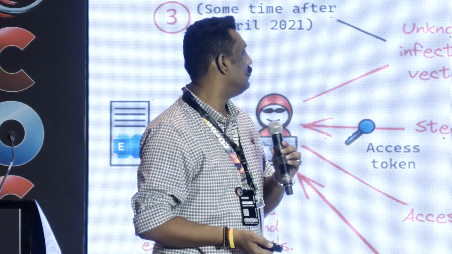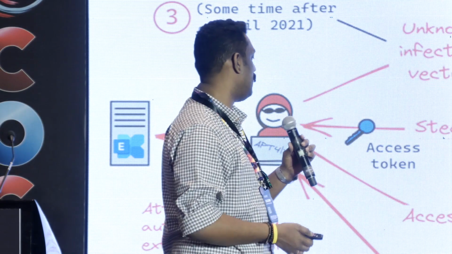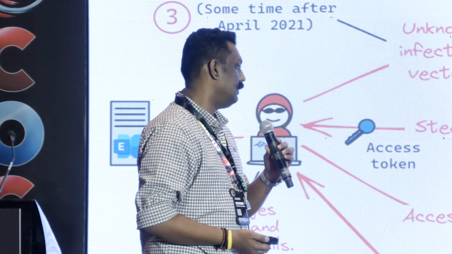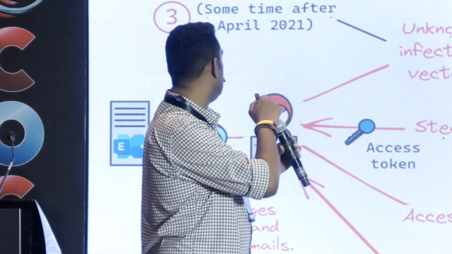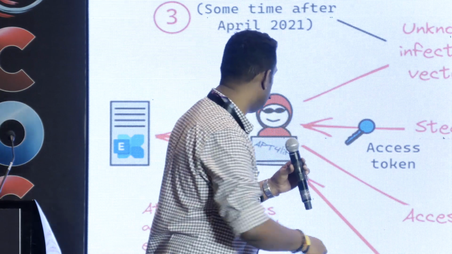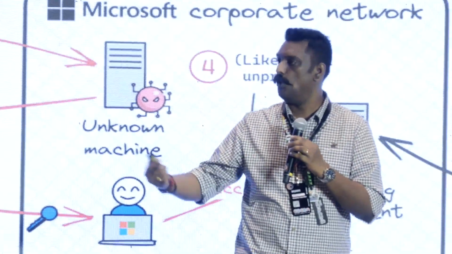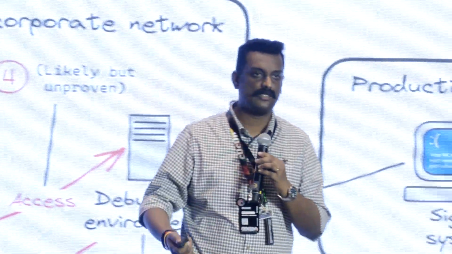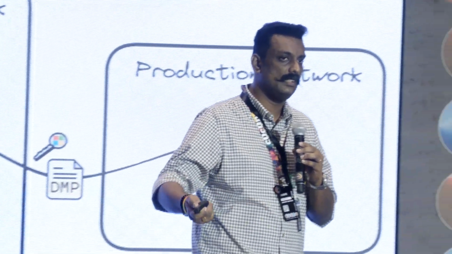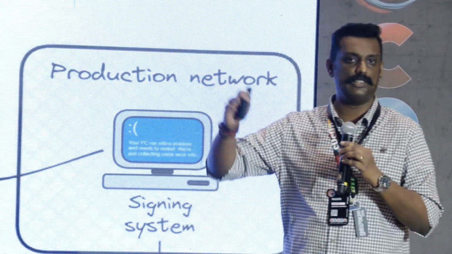So from there, the attacker extracted that MSA key and used it to forge additional tokens, and they were able to access the Microsoft accounts of other organizations.